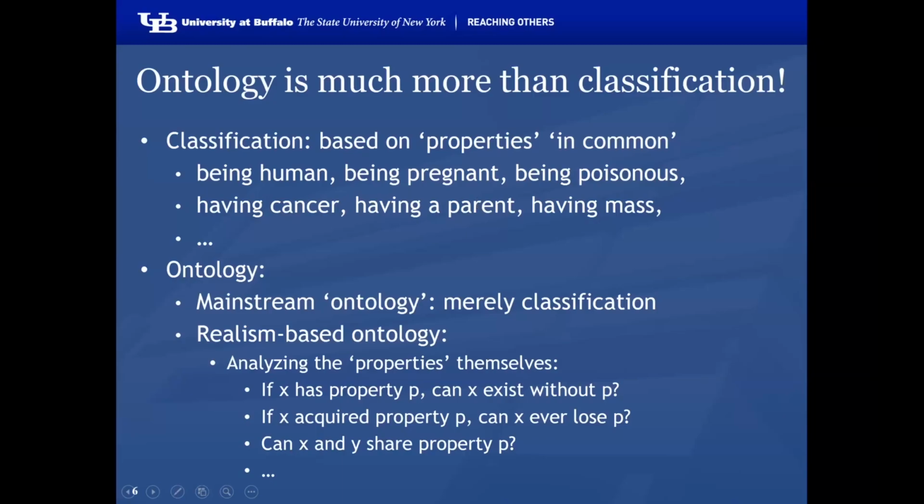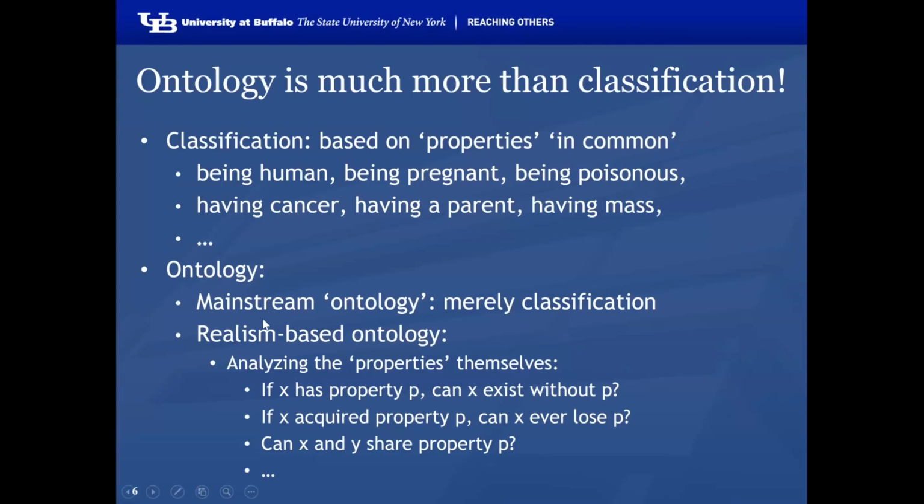Okay. Now, the mainstream view of ontology is merely a classification. You will usually see, even if you open the interface of Protégé, in which most ontologies are built, you will see a hierarchy in there, and that's a classification. Okay. But of course, an ontology should be more than just a classification.